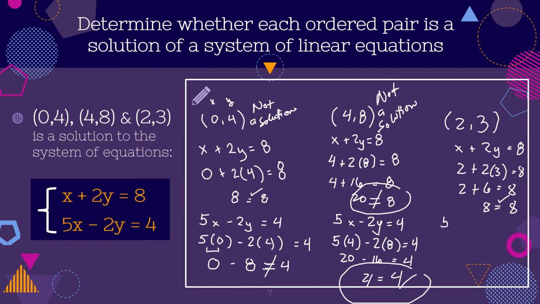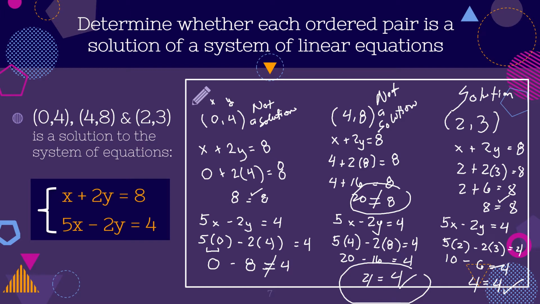And the second equation is 5x minus 2y equals 4. 5 multiplied by 2 minus 2 multiplied by 3 equals 4. 5 times 2 is 10, minus 2 times 3 is 6, equals 4, and 10 minus 6 is 4, equals 4.